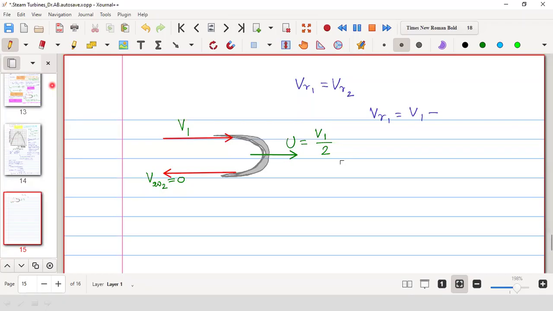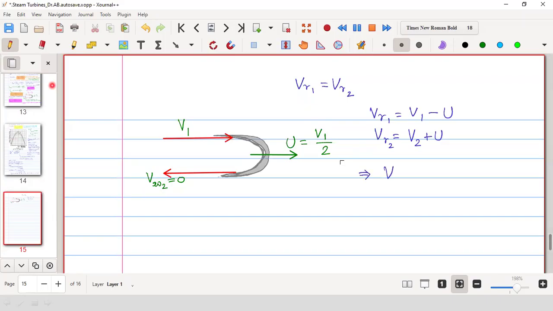V1 মাইনাস ইউ, তাই না? আর এক্সিটে কত হবে? VR2 এক্সিটে কত হবে? V2 প্লাস ইউ। So they should be same.